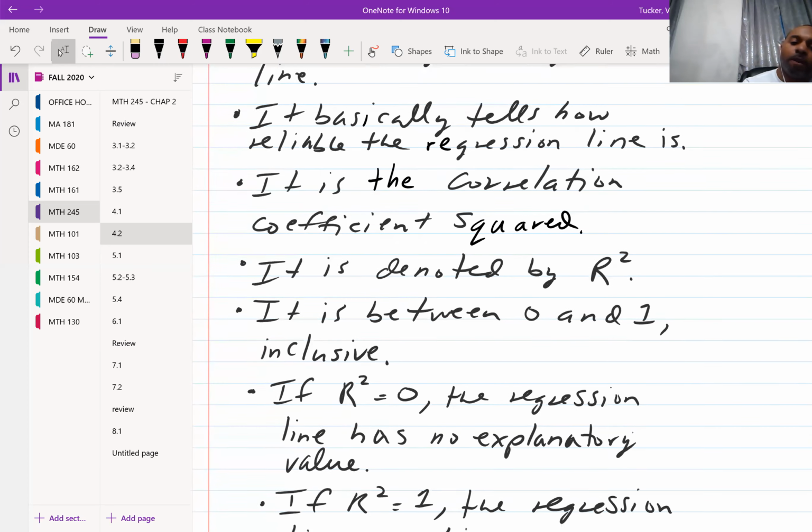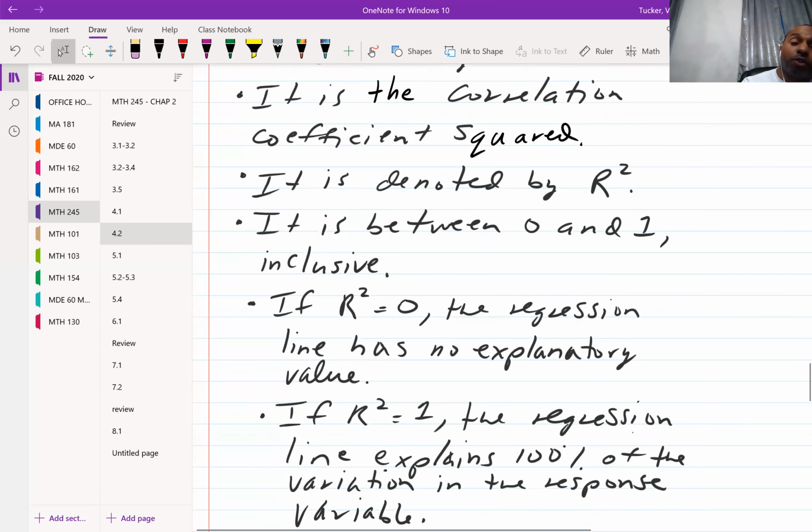If the coefficient of determination is equal to 1, the regression line explains 100% of the variation in the response variable. So it will always be right.